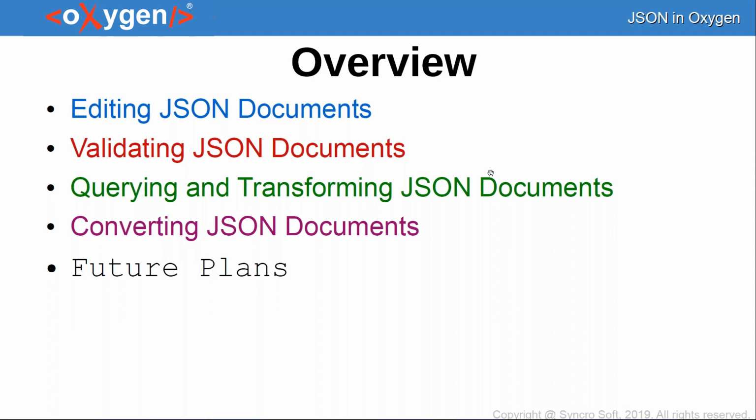Then we'll apply some querying and transformation using XSLT, XQuery, and XPath. And we'll see how you can convert JSON documents, and maybe some limitations in these conversions, and of course some future plans. And maybe you'll have some questions and ideas for future improvements on JSON.